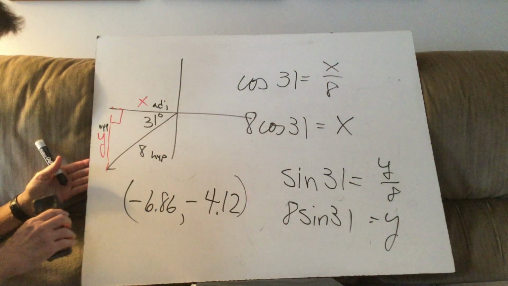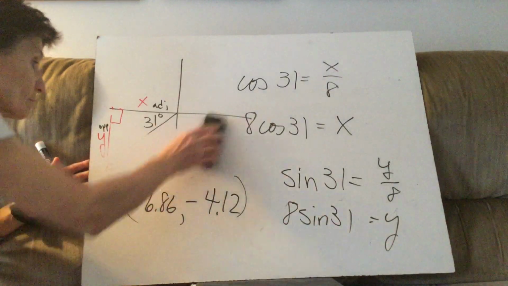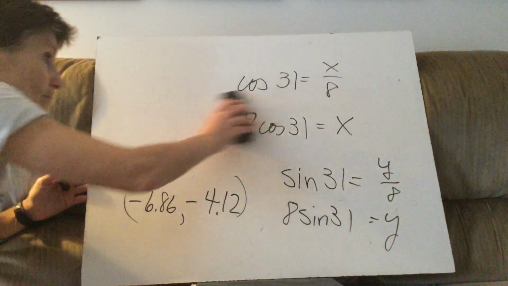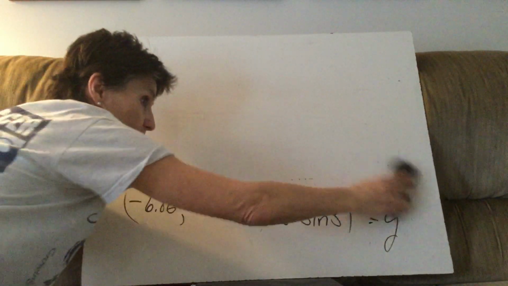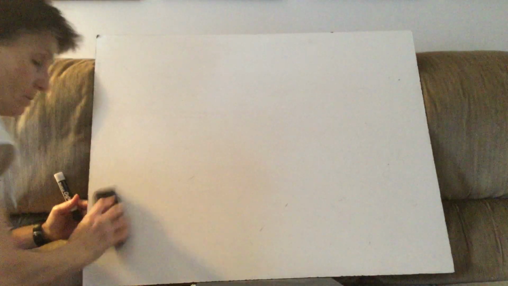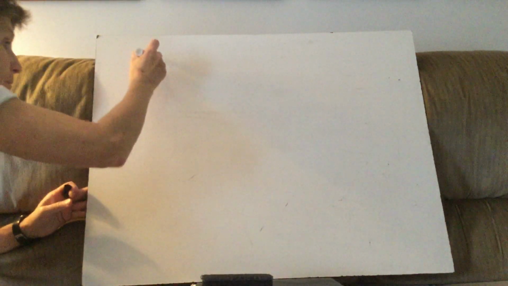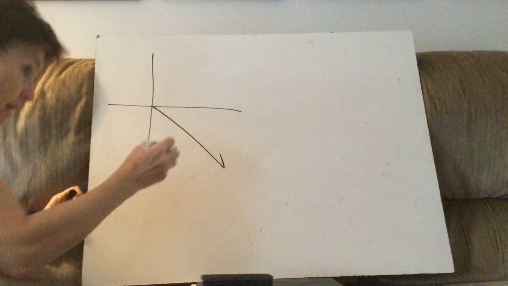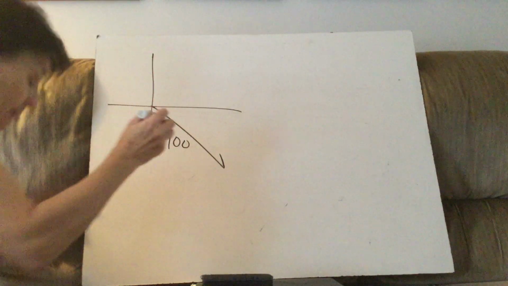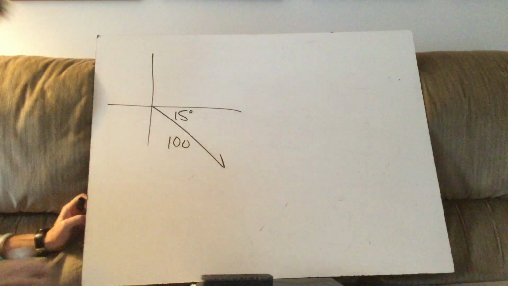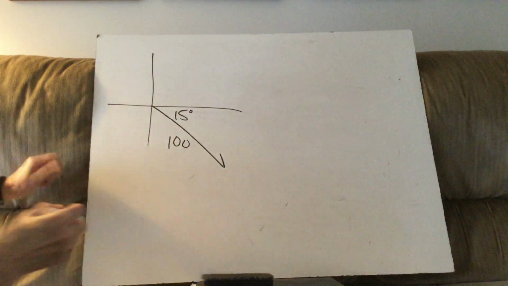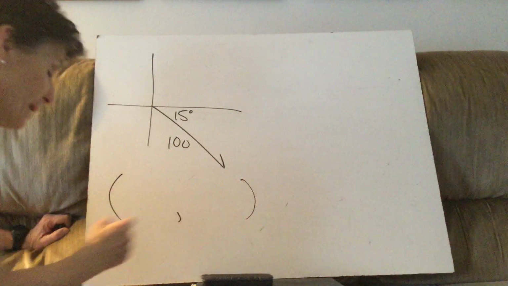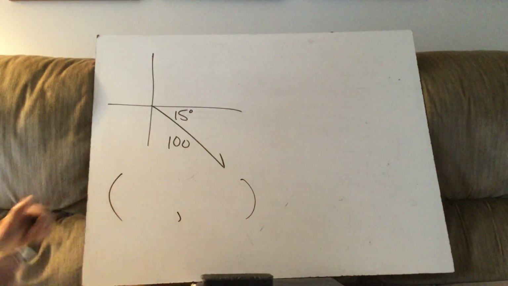All right. One more of those. It's 100 units long, and the angle is 15 degrees. And we're going to find x and y. And again, I'm paying close attention.